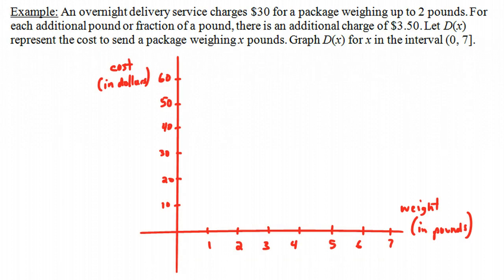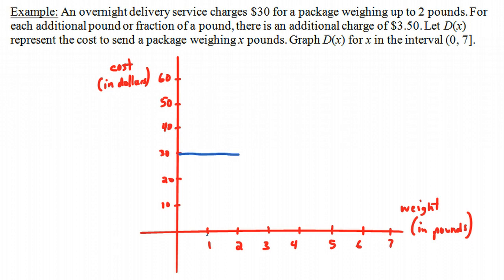Now I've put a scale on each of the axes. On the vertical axis, we have the cost in dollars, and on the horizontal axis, the x-axis, we have the weight in pounds. So notice, what is the cost for a 1 pound package? Well, it's $30 for a package weighing up to 2 pounds. So anything up to 2 pounds, it's going to be $30.